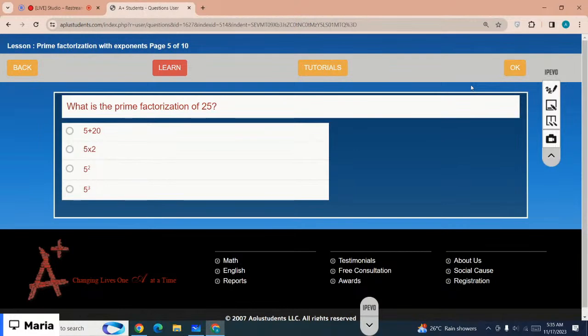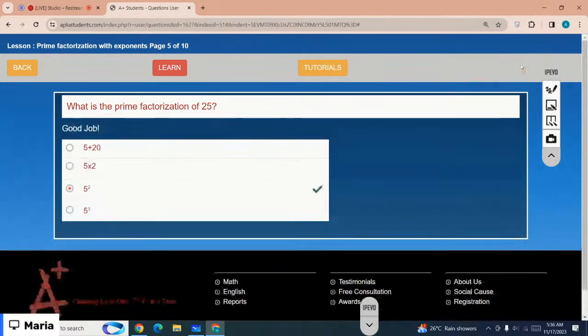You have to write them in exponent form, not in addition form. That is 5 square, the correct option. We're not working on addition.